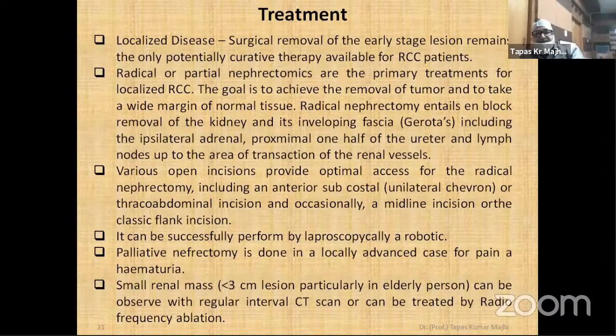It can be successfully performed laparoscopically or robotically. Palliative nephrectomy is usually done in locally advanced cases for pain and hematuria. A small renal mass less than 3 cm, particularly in elderly patients, can be observed with regular interval CT or can be treated by radiofrequency ablation.